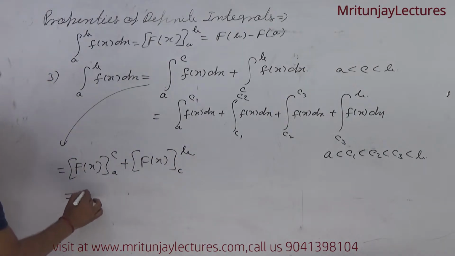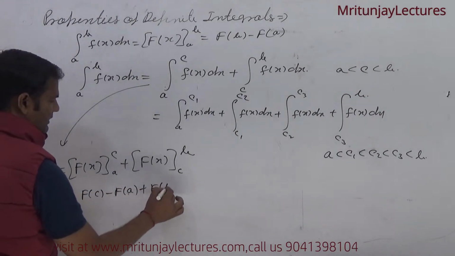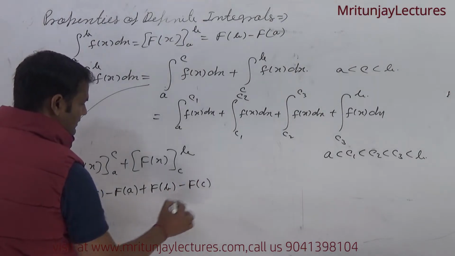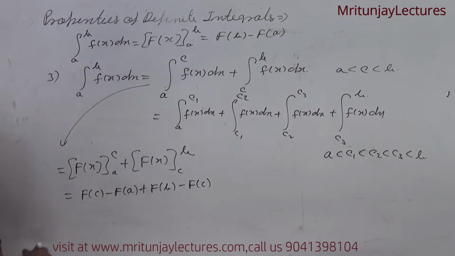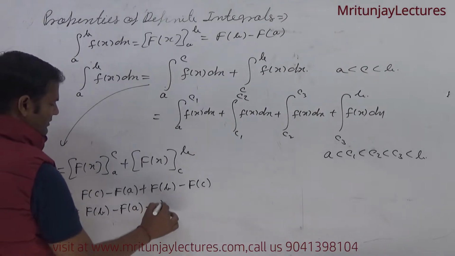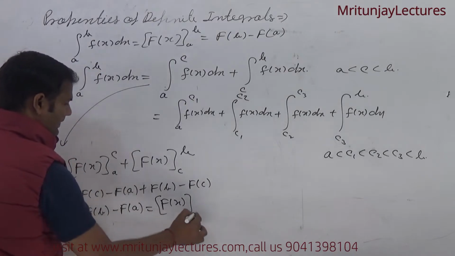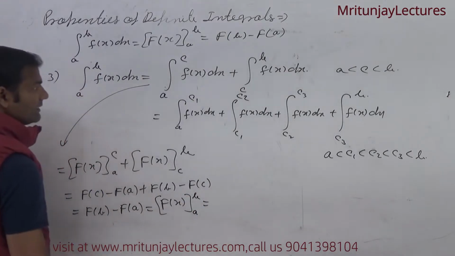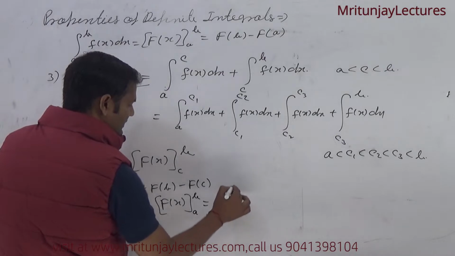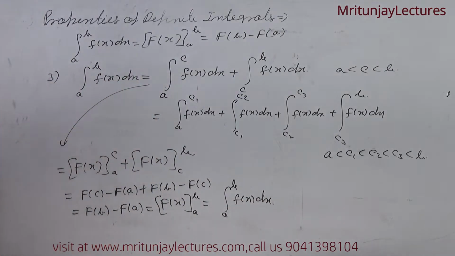Now that is F of c minus F of a plus F of b minus F of c. So F of b minus F of a, what is the meaning of this one? It means F of x from a to b, which is written as the integral from a to b of f of x dx. Clear? This is the third property.